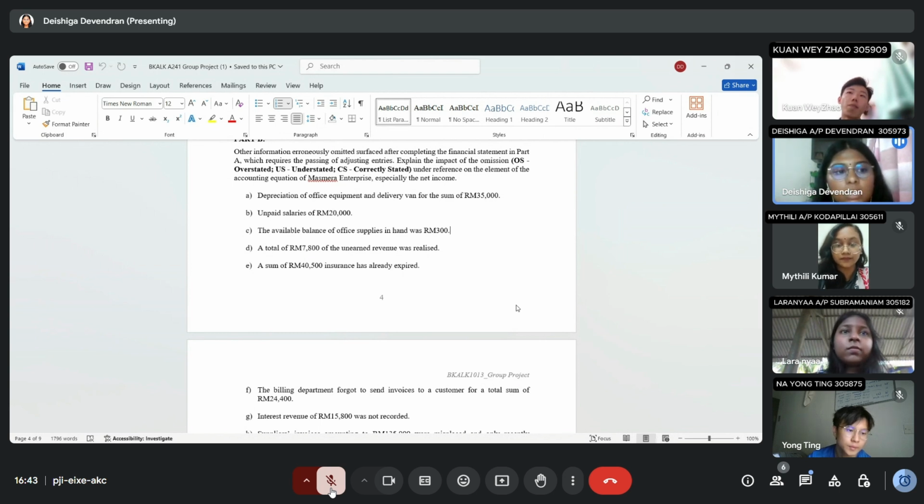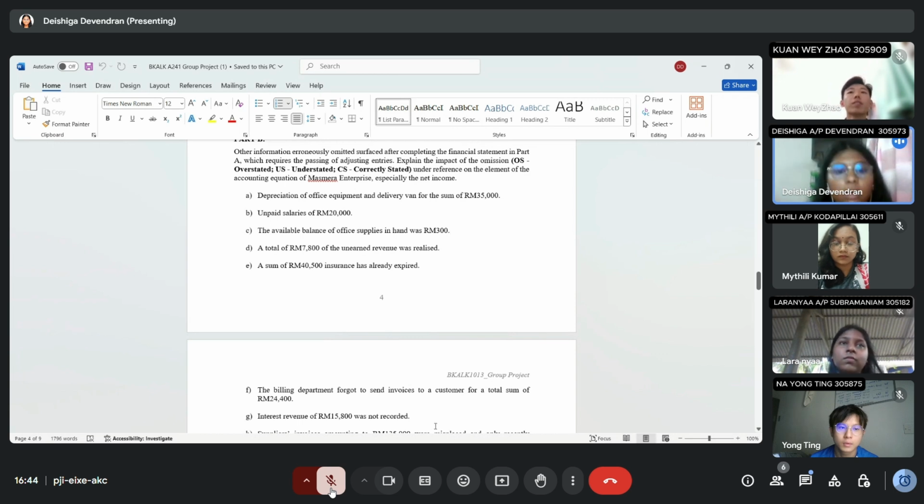For the liability, it is correctly stated because insurance expense adjustments don't affect liabilities. For the expenses, it is understated because the expired portion wasn't recorded as an expense, understating total expenses. For the net income, it is overstated because understated expenses lead to overstated net income.